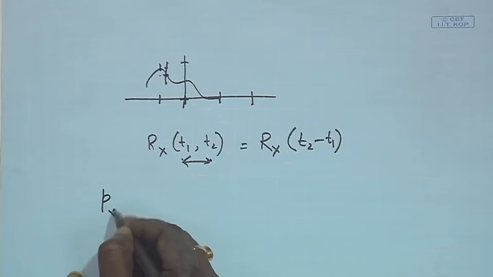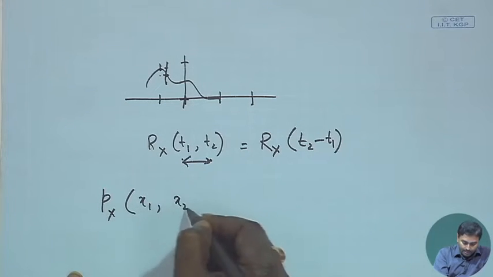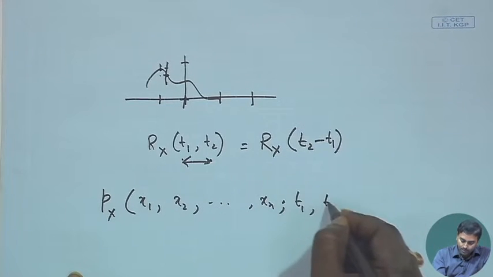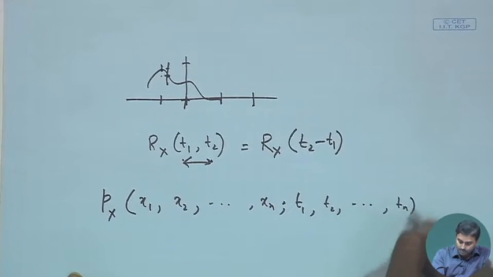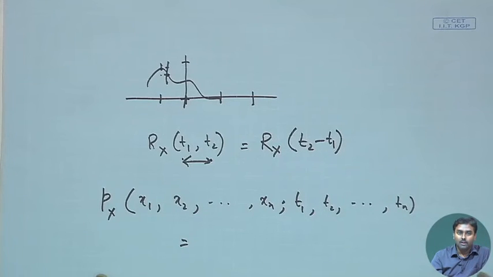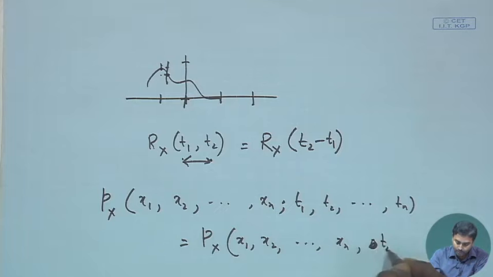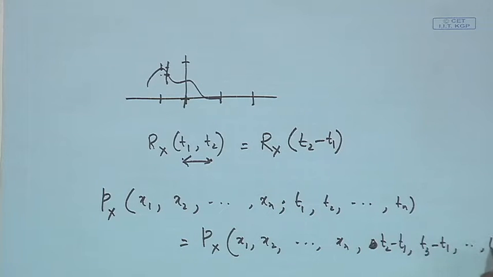If I go to the nth order, then I should specify that the joint PDF of x1, x2 up to xn, the way we have specified at times t1, t2, tn, must be equal, again with the differences being the same, to the PDF of x1, x2, xn at times T2 minus T1, T3 minus T1, up to Tn minus T1.